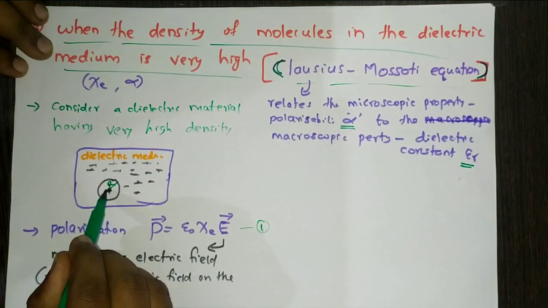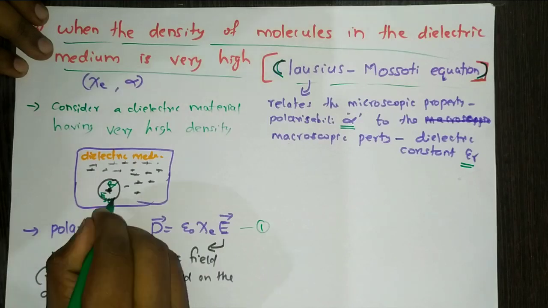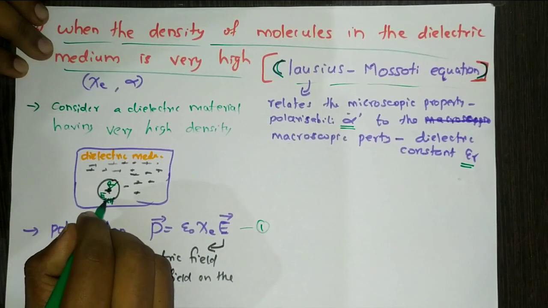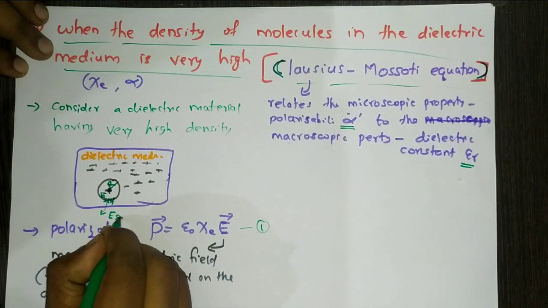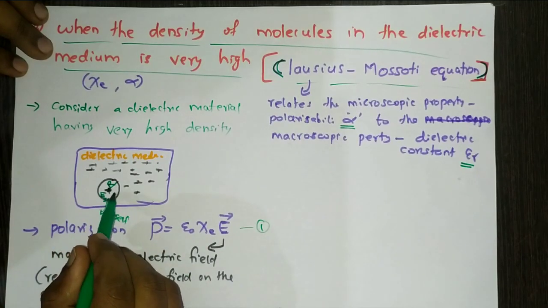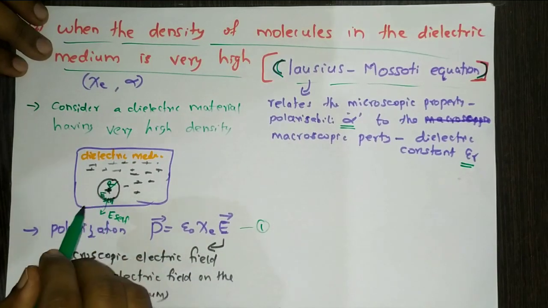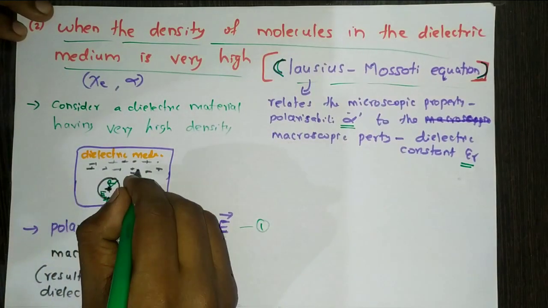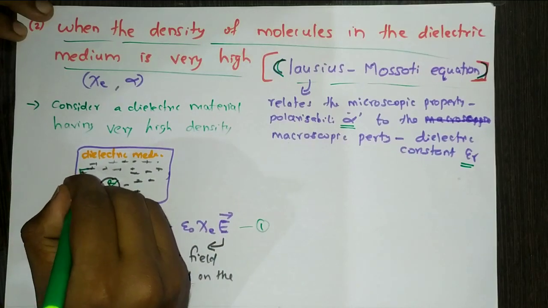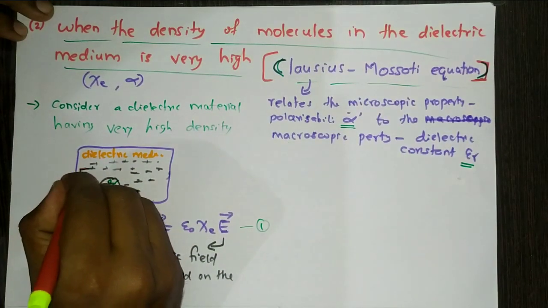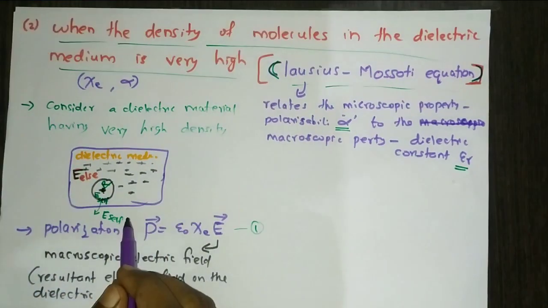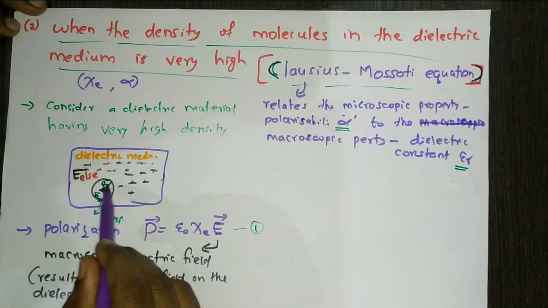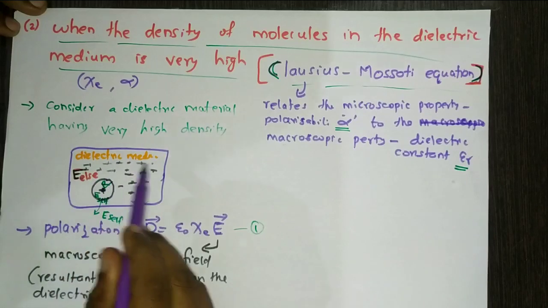The electric field due to this single dipole is E self. The electric field other than this single molecular dipole is known as E else.